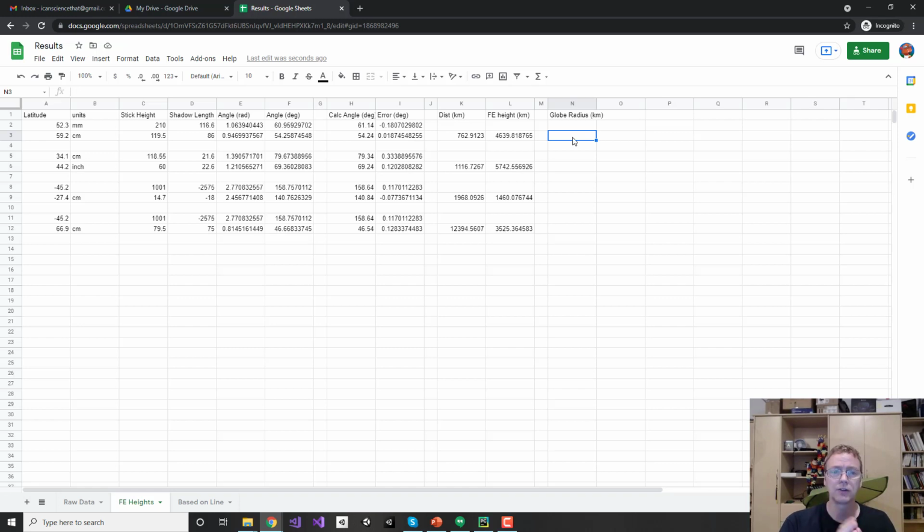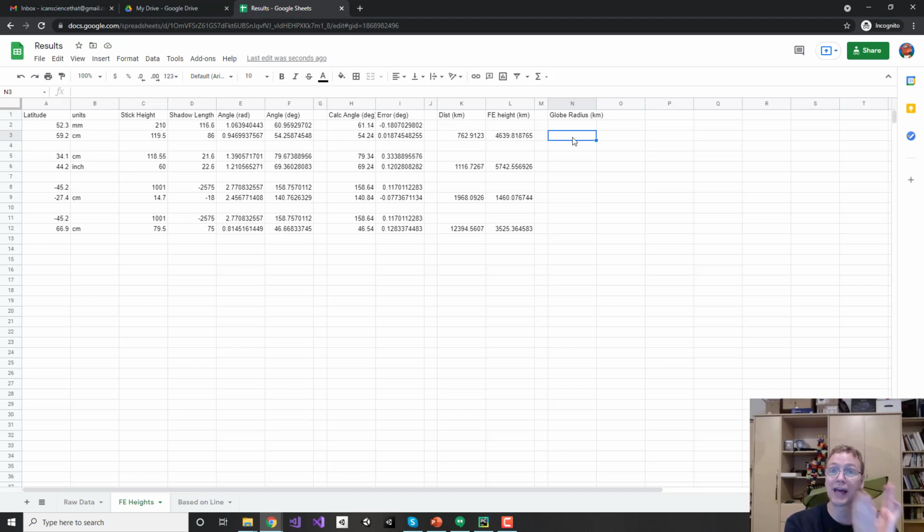The math behind this is that we are presuming that the sun is very far away, and then we are going to calculate, based on the distance between a pair of observations and the angle between those observations, how big the radius of curvature must be if we approximate that section of the Earth as a sphere.